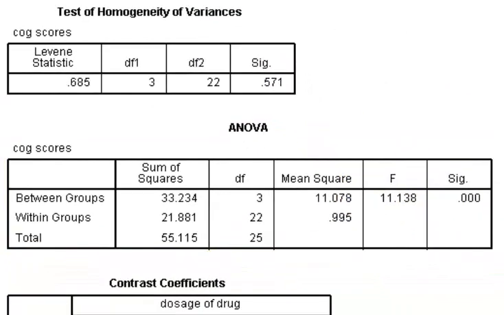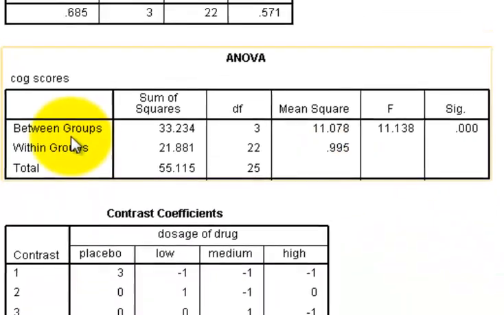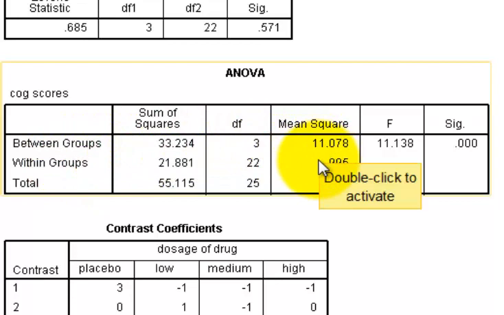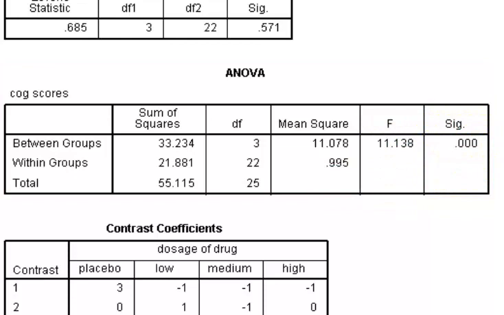Here's your ANOVA table, between groups, within groups. You got an F score, an F ratio of about 11. That's pretty darn big. And it's going to give you a very, very small significance, less than 0.05. So there is a significant difference between the treatment groups, the drug groups, which we kind of knew was going to happen anyway. That's why we did the planned comparison.